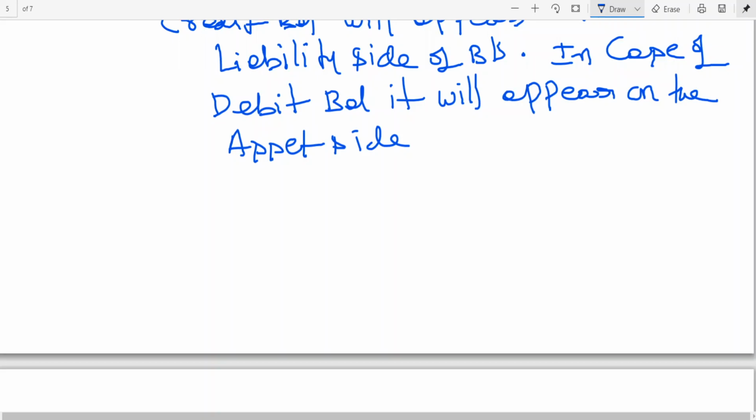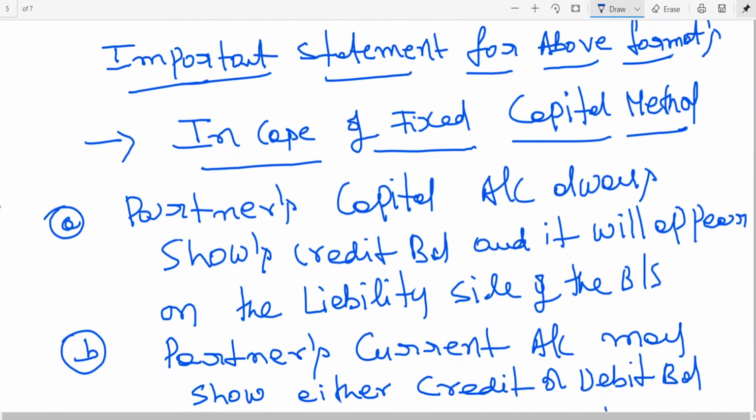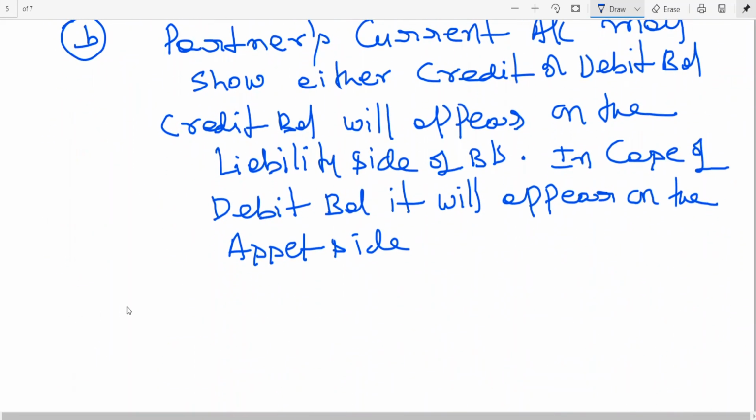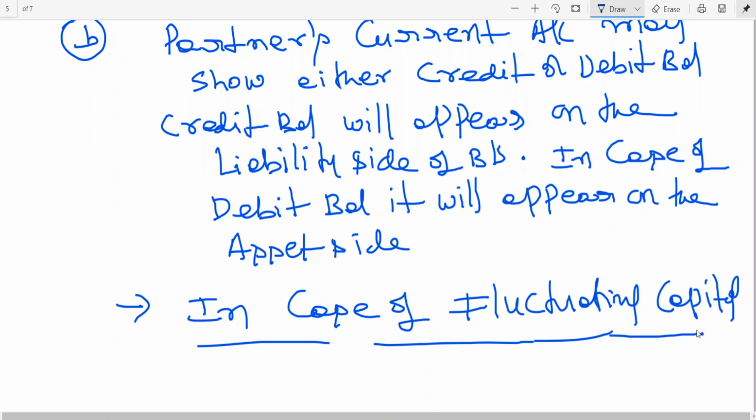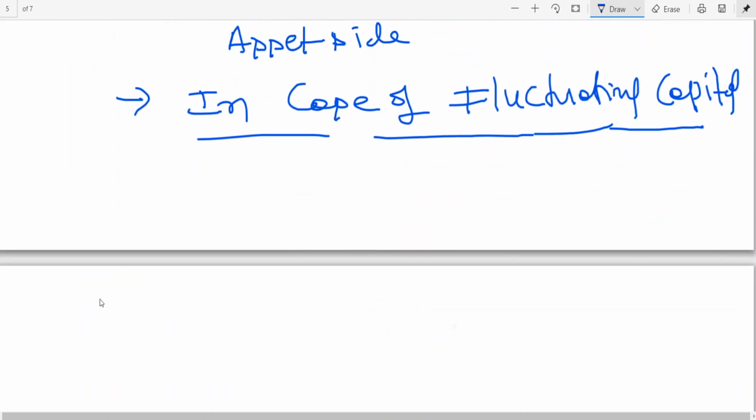Next, this I have explained already in case of fixed capital method. Then in case of fluctuating capital, partner's capital account, only because you will be opening only one account, no?